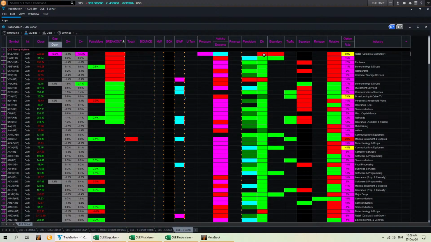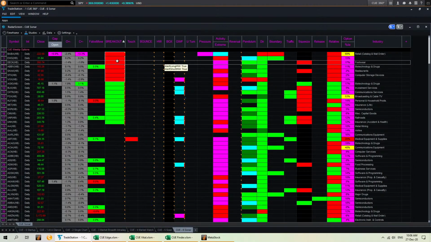However, when I look at the direction column, I see it is in a downtrend already. Boundary is showing it is already at lower boundary. So though initially I am interested to look at the stock chart, even before I open the chart, I am a little bit less interested looking at the fact that it is already below the lower boundary.